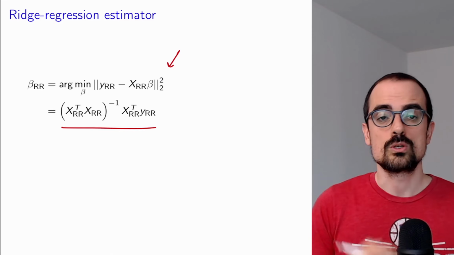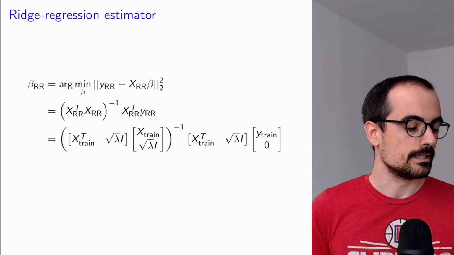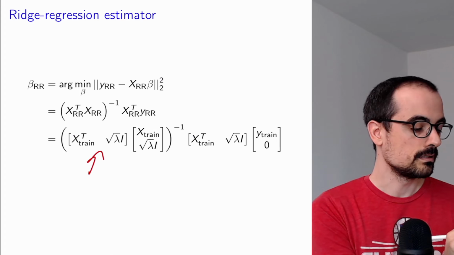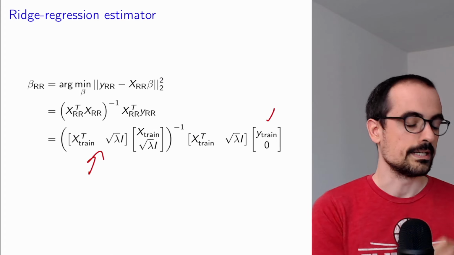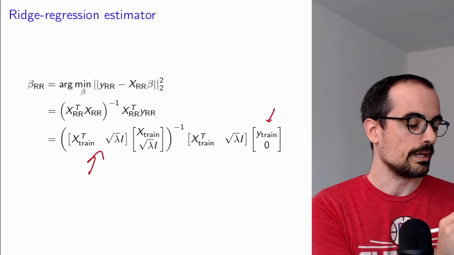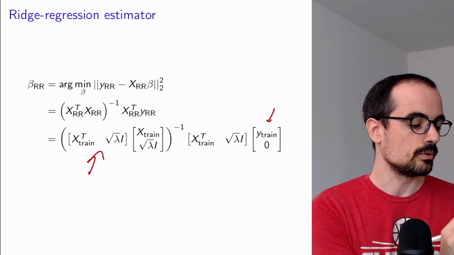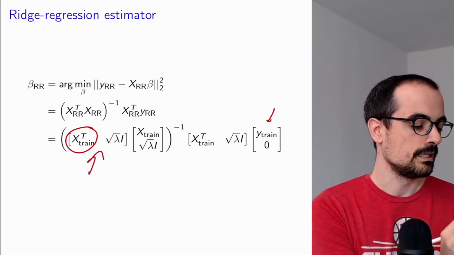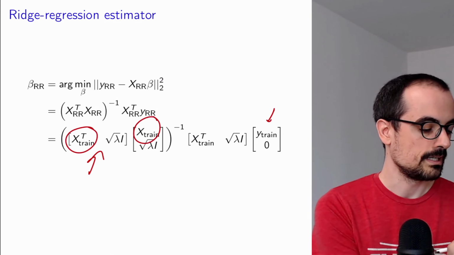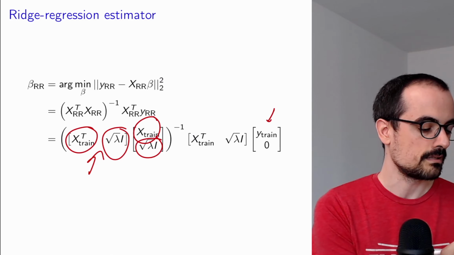Now we're going to plug back in the design matrix, and here is the modified response vector. When we compute this product, we have the transpose of the design matrix times itself, and then we have this identity times itself.